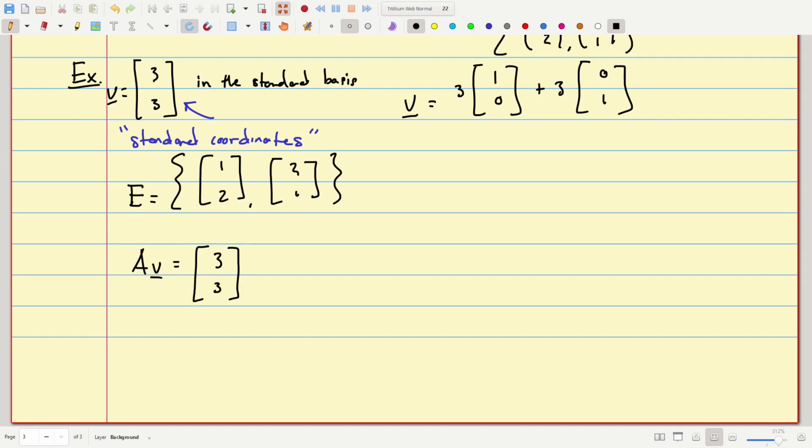I can either use these vectors to form a matrix A and then solve this linear system, or we can observe that v is going to be equal to 1 times (1, 2) plus 1 times (2, 1).